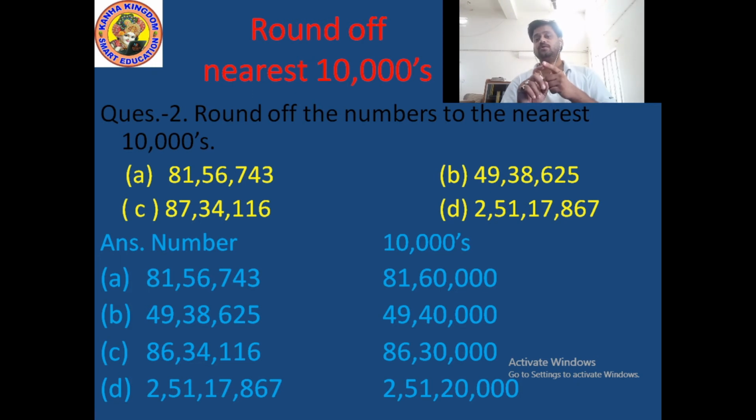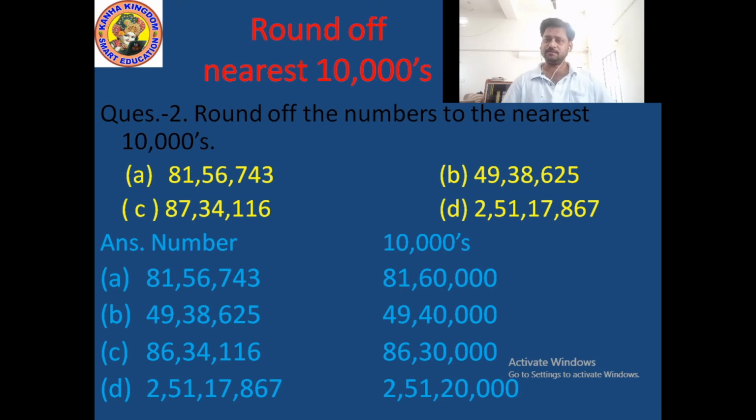And the rest, whatever the digits in the lakhs period, they don't change. So the exact answer of this part is 86,30,000. Okay, now the last part.